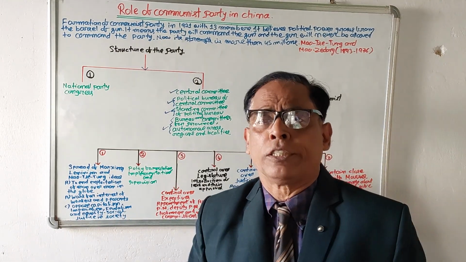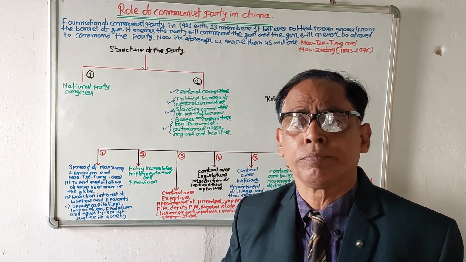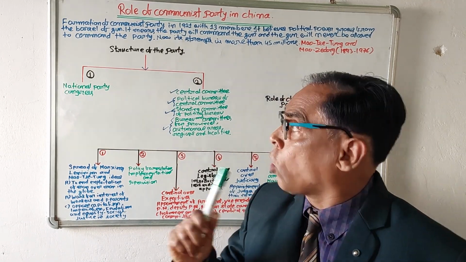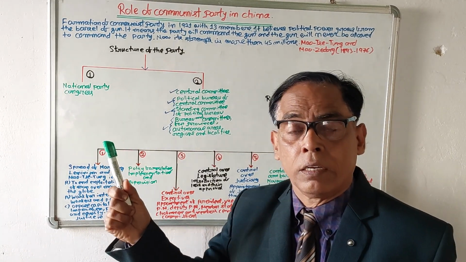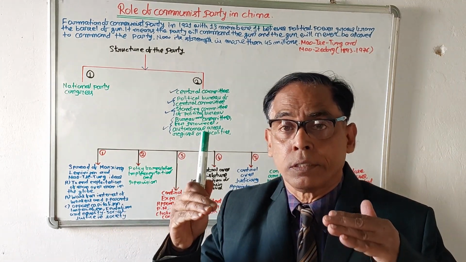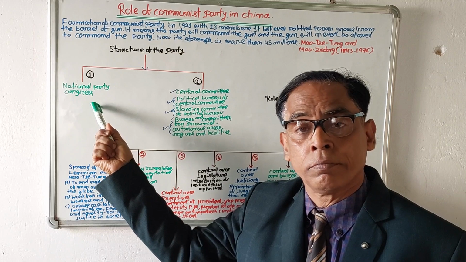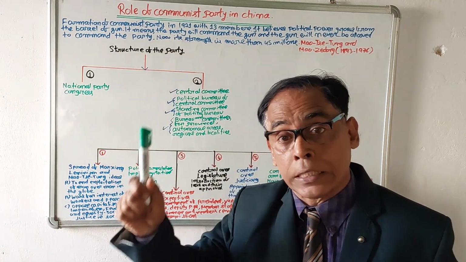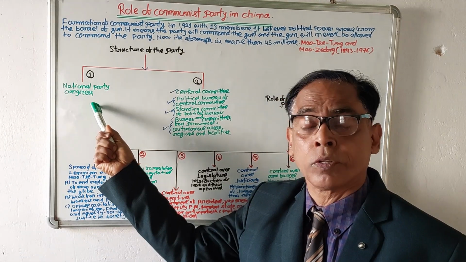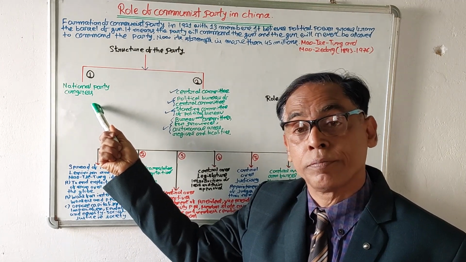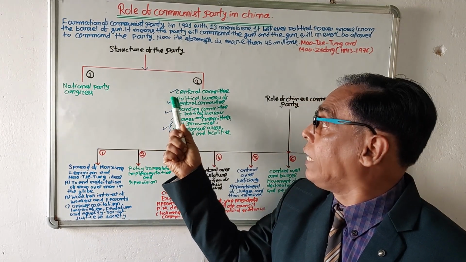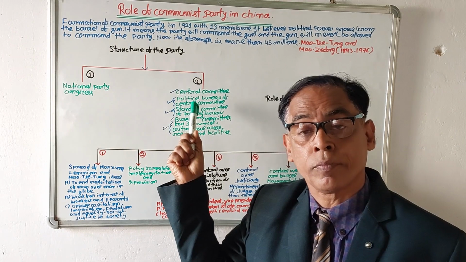Now we'll touch some aspects of its organization. The Communist Party of China has a National Party Congress. It meets once in 5 years. Then it has a Central Committee.